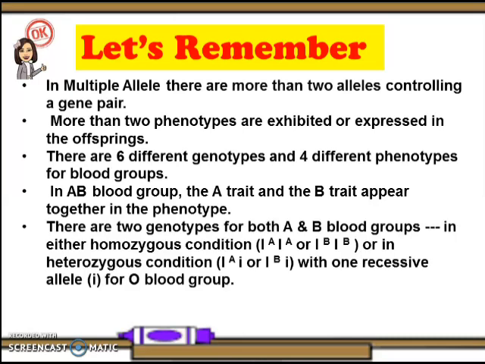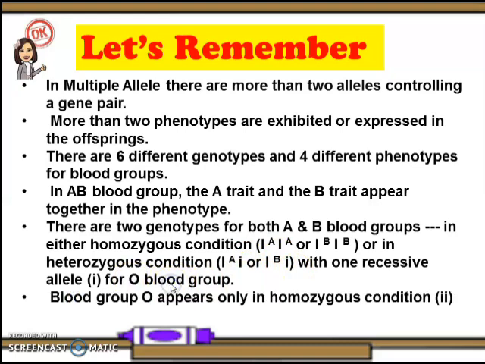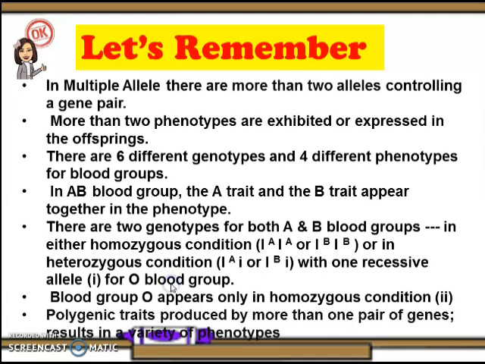There are 2 genotypes for both A and B blood groups, in either homozygous condition, IAIA or IBIB, or in heterozygous condition, IAi or IBi, with one recessive allele i for O blood group. Blood group O appears only in homozygous condition, and polygenic traits produced by more than one pair of genes result in a variety of phenotypes.